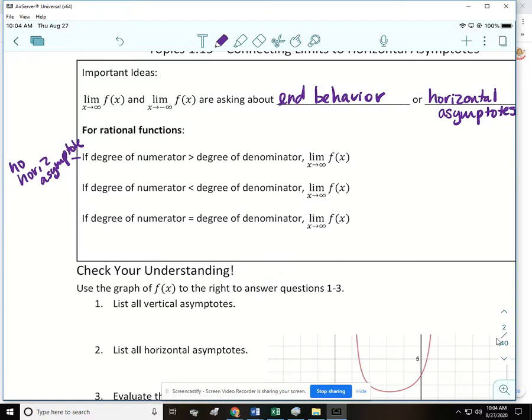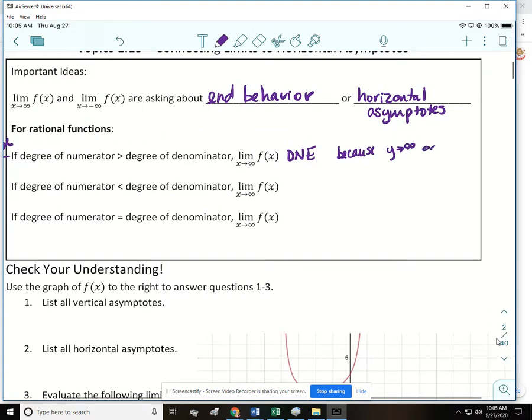So in this case, when there is no horizontal asymptote, what we're going to say is the limit does not exist. And the reason is because y is either going to approach infinity or negative infinity.